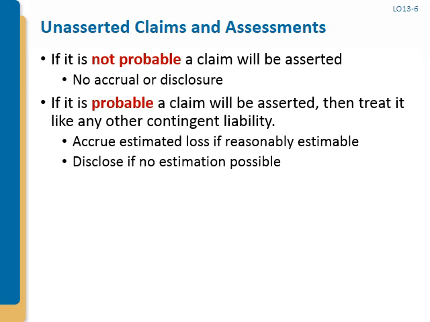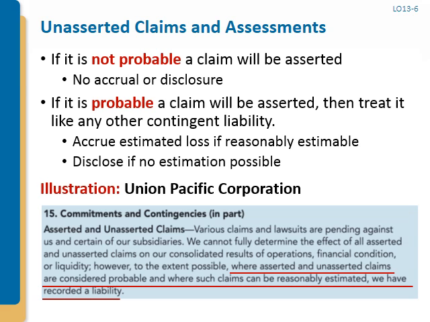If the answer is yes, go on to step 2. 2. Treat the claim as if the claim has been asserted. This requires evaluating A, the likelihood of an unfavorable outcome, and B, whether the dollar amount of the loss can be estimated, just as we already have discussed for other loss contingencies for which a claim has already been asserted.